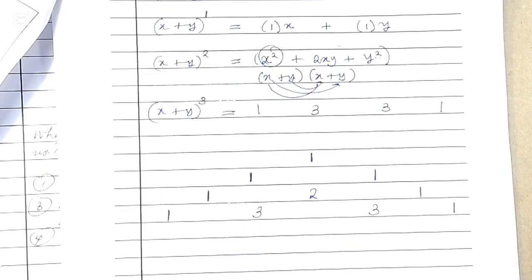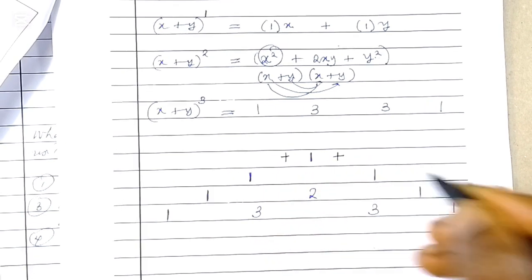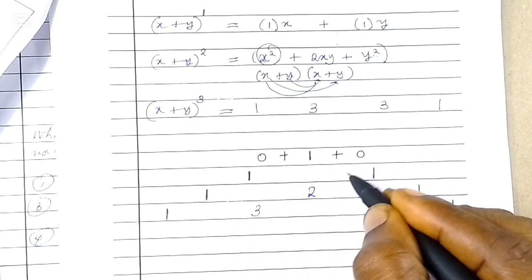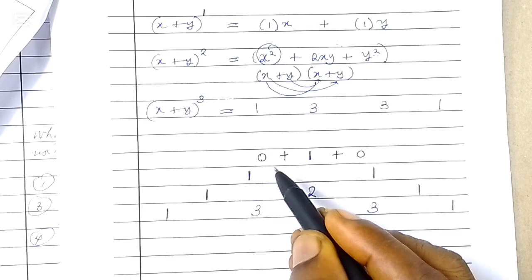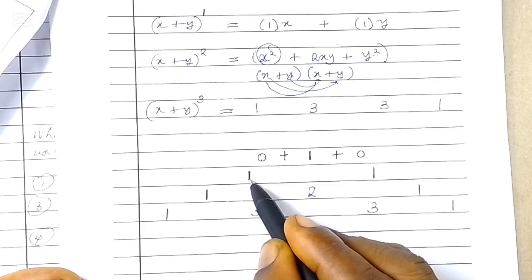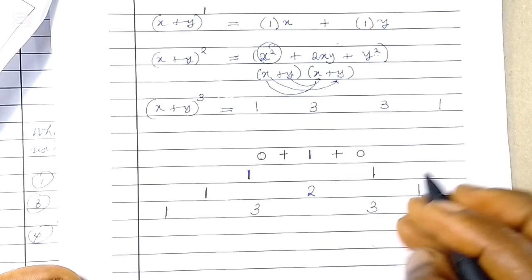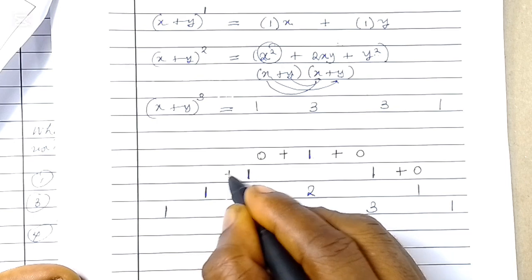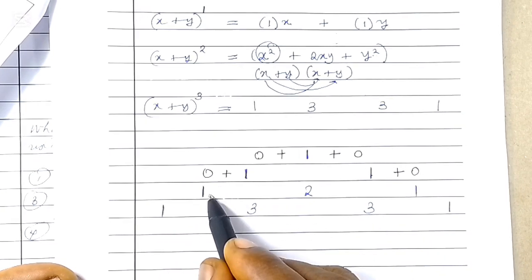Now, notice one thing. Let me use a black pen here. I could put a plus on each side: 1 plus 0, an imaginary 0. 1 plus 0 to the left gives me 1. So 1 plus 0 to the right gives me 1. If I add an imaginary 0 here, and another imaginary 0 here, you will notice that 1 plus 0 gives this 1.